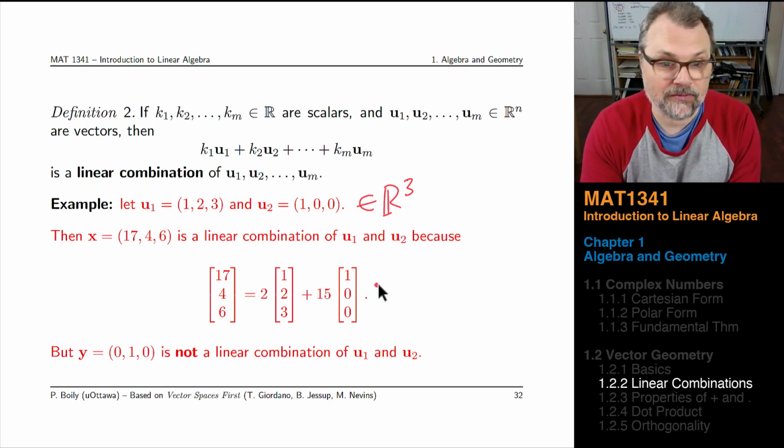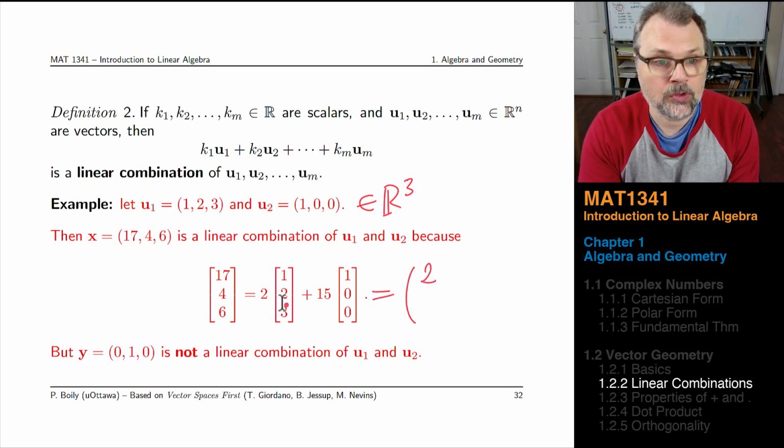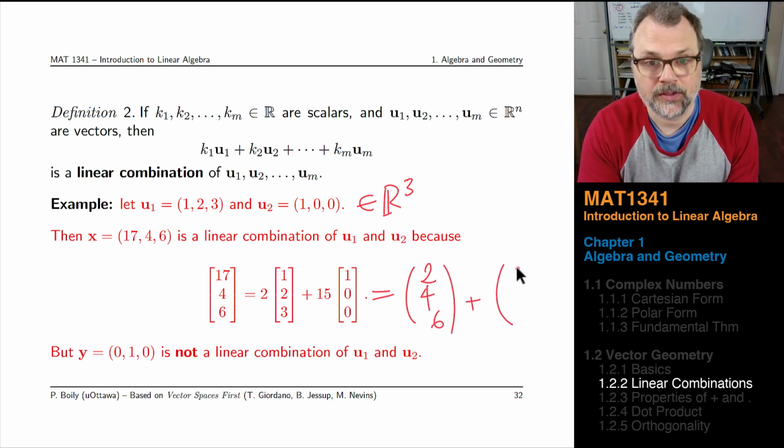Let's see if this is indeed the case. I have 2 times 1, which is 2, 2 times 2, which is 4, 2 times 3, which is 6. And this is equal to 15 times 1, which is 15, 15 times 0, 0, 15 times 0, 0. And sure enough, 2 plus 15, 17. 4 plus 0, 4. 6 plus 0, 6.